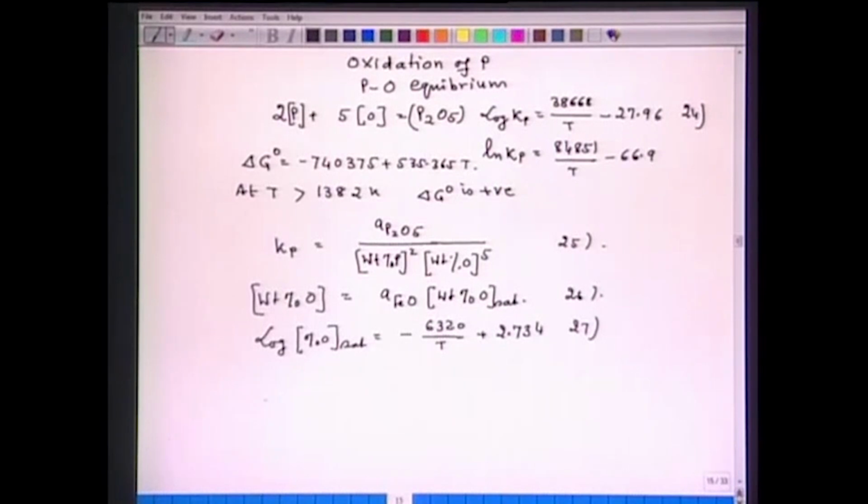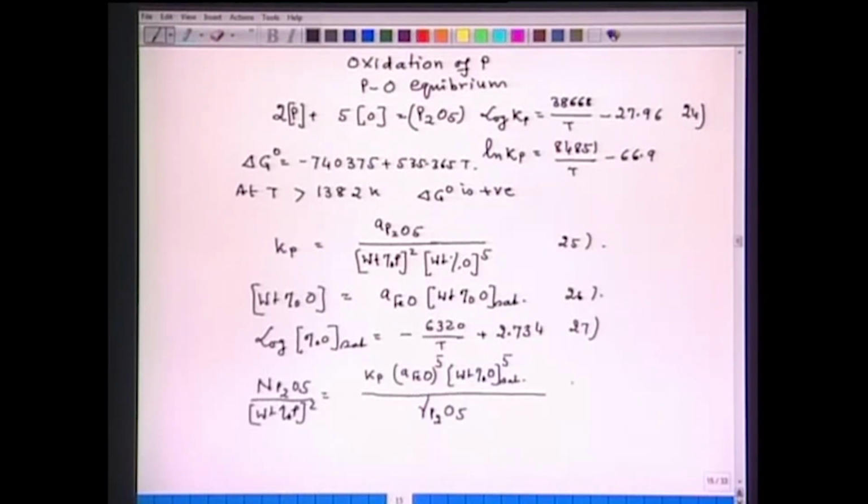Then, after rearrangement, we get Np2O5 upon weight percent P squared is equal to Kp, activity of FeO to the power 5, weight percent O saturated to the power 5, upon gamma P2O5.